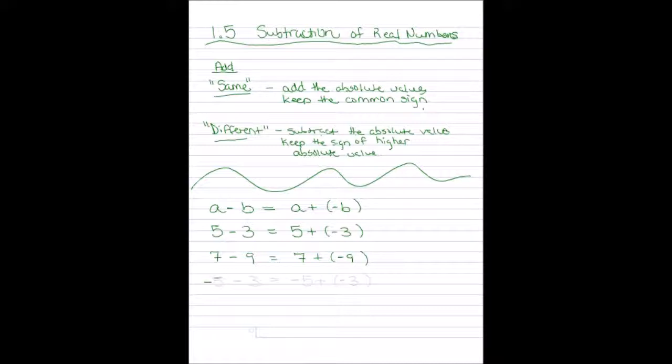And likewise, if I had a negative sign in the front, notice the first number never changes. So I have negative 5, and then that minus sign I'm going to push with the 3. And so you have negative 5 plus negative 3. The first number never changes. It's the second number that changes to a negative, and then you put a plus sign in between.